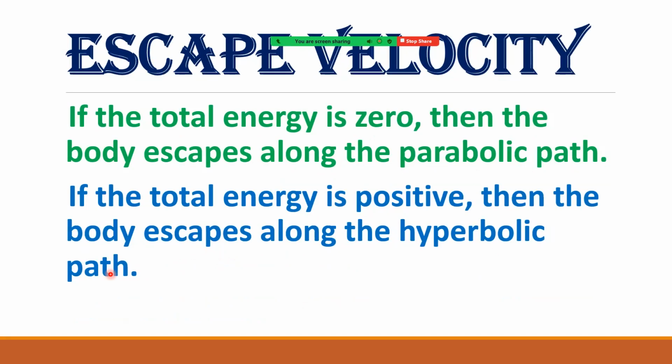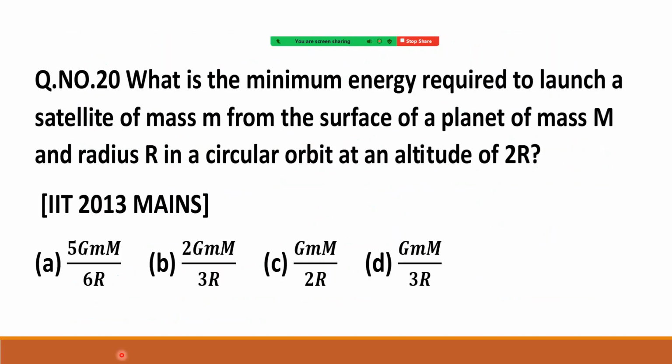Next, let us solve problems based on this to get more clarity. What is the minimum energy required to launch a satellite of mass m from the surface of a planet of mass M and radius R in a circular orbit at an altitude of 2R?